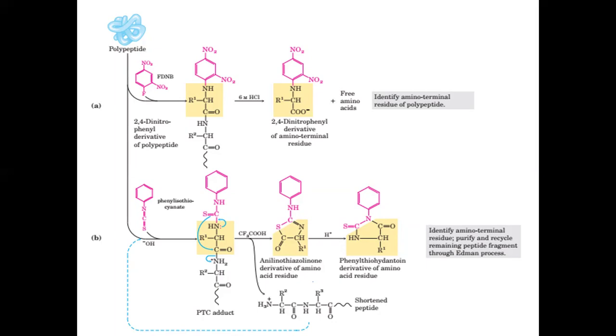The cycle continues until you determine all the amino acids. So this is the N-terminal amino acid followed by this one to the last. When you follow this method, you can clearly identify which amino acids are found in this protein and in which sequence they exist.